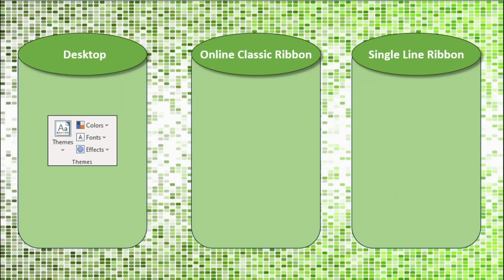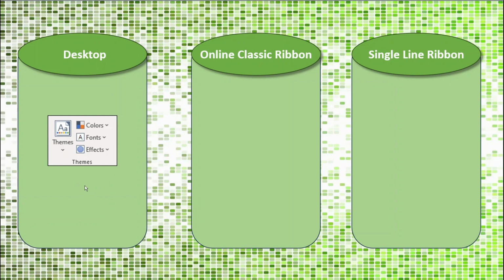Looking at the ribbons in a little more depth, let's start at the left-hand side of the ribbon where, with the desktop version, we do have a Themes group, and with the Online Classic ribbon and the Single Line ribbon, we do not have those particular buttons.